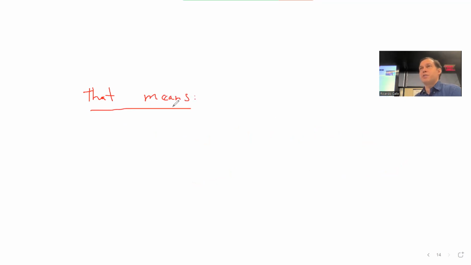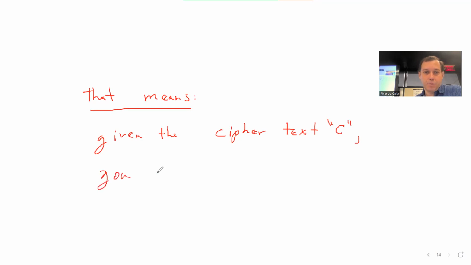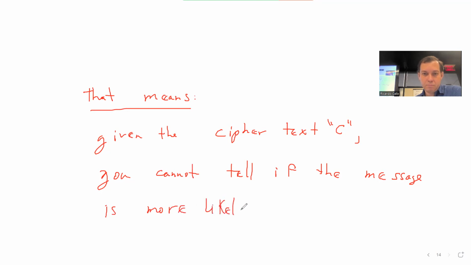Given the ciphertext C, you cannot tell if the message is more likely to be M0 or M1.